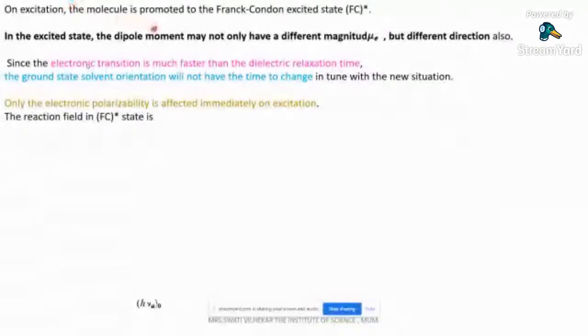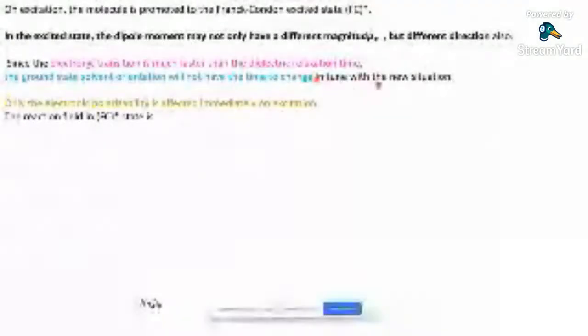Since the electronic transition is much faster than the dielectric relaxation time, the ground state solvent orientation will not have the time to change in tune with the new situation. So only the electronic polarizability is affected immediately on excitation, and that is why there is no change in the nuclear position.